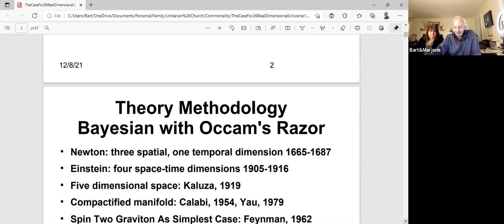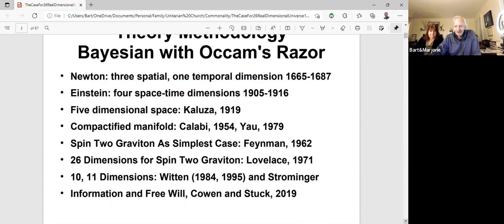So we have those sort of observations, and then we have some theory. Partly the theory started with Newton with 3 spatial dimensions and 1 for time, which led to this theory of gravity. That got expanded by Einstein into 4 space-time dimensions. They're coupled in a certain way.